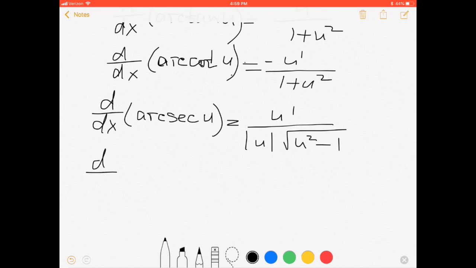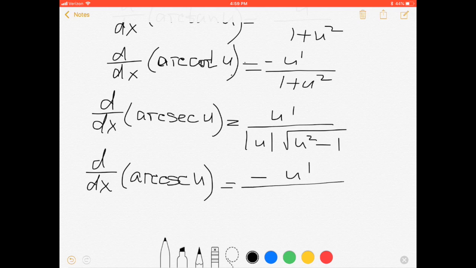And the derivative of arccosecant here will be minus u prime over absolute value of u times square root of u squared minus 1.